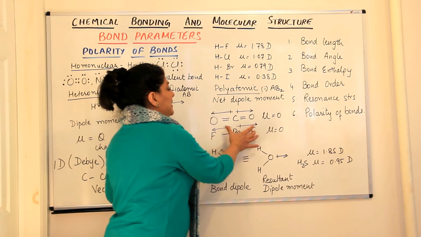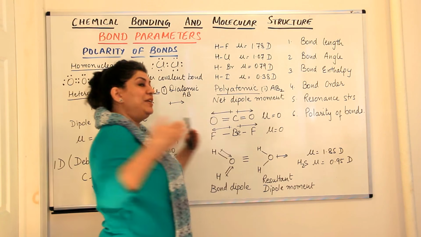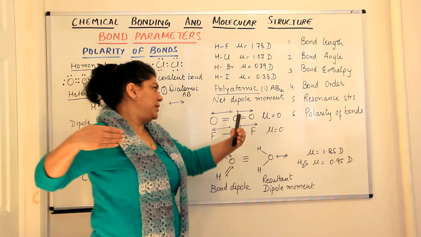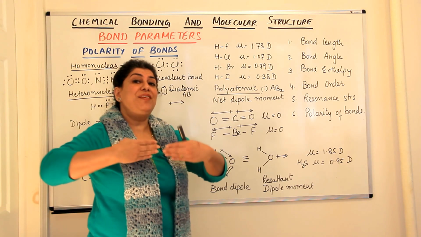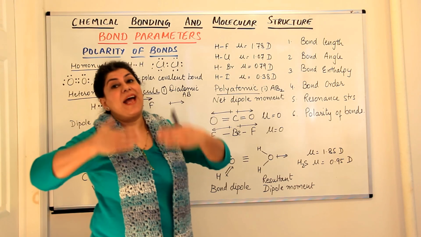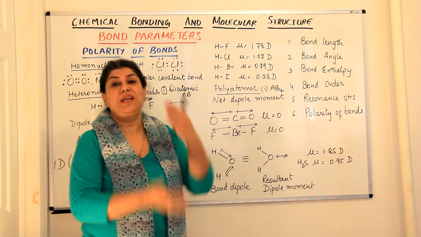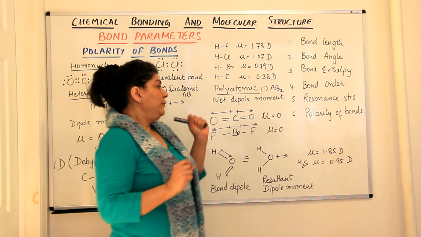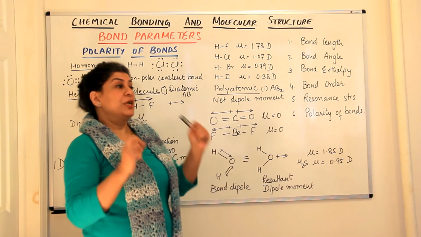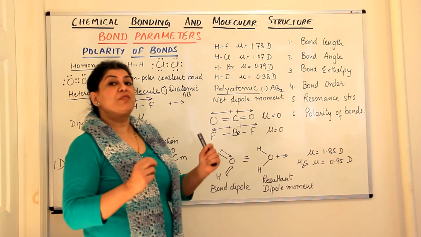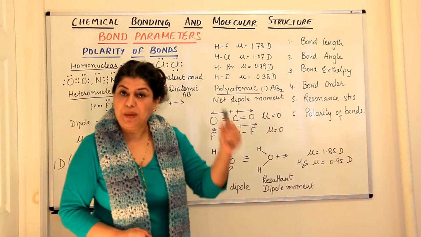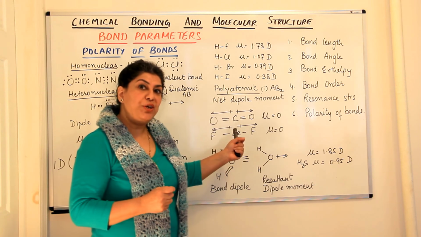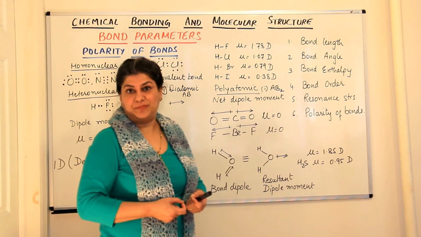So they usually cancel out each other, but even if, hypothetically, they were in the same direction, their directions would be opposite, and even if the magnitudes were the same, they would cancel out each other and the net dipole moment would be 0. So for triatomic molecules, if the dipole moment comes out to be 0, then it becomes clear to us that the molecule must be linear.